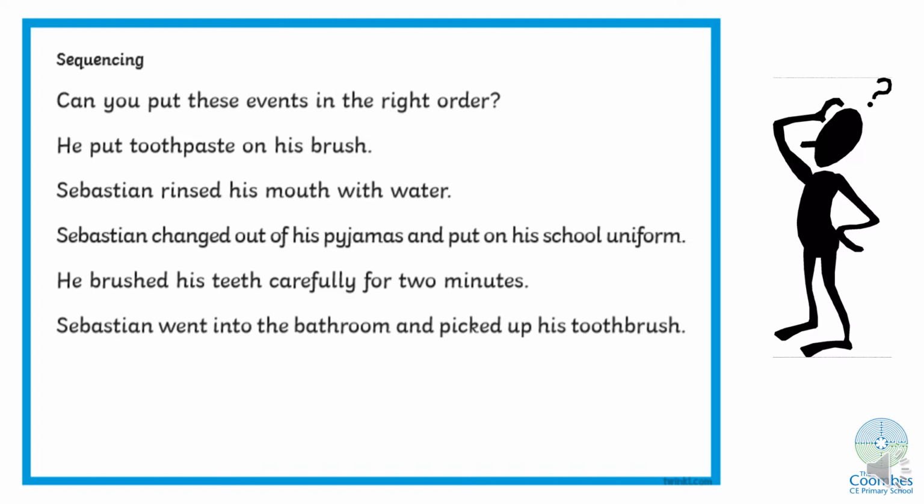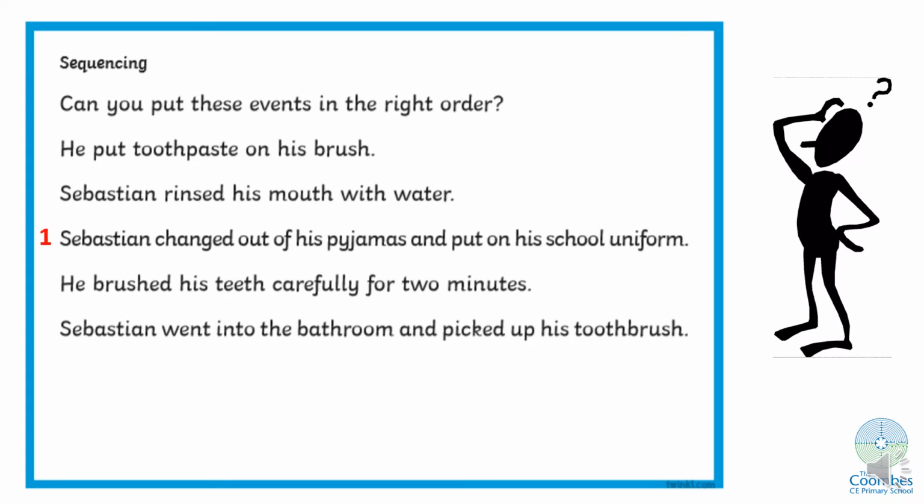He brushed his teeth carefully for 2 minutes. Sebastian went into the bathroom and picked up his toothbrush. So pause the video for a moment and have a think carefully about what order these things go in, and see if you can pop them in the right order, and we'll look at the answers on the next slide.